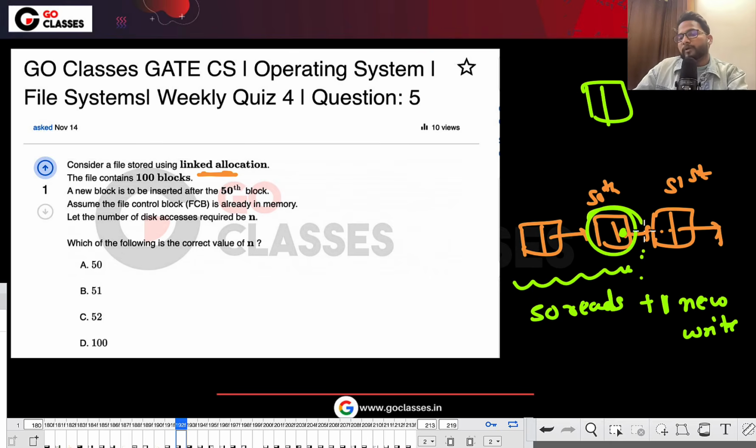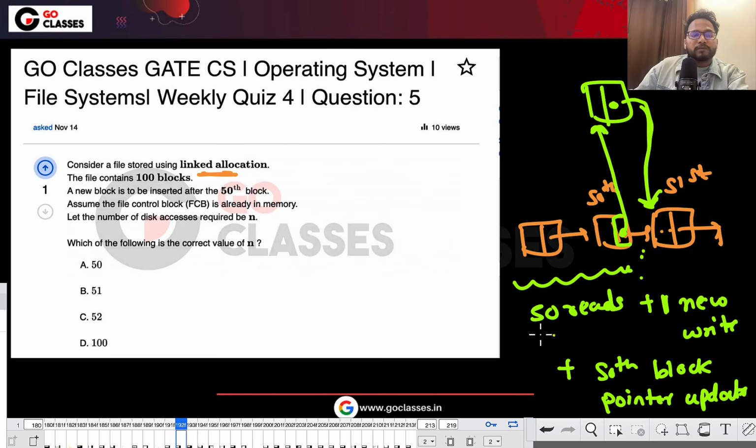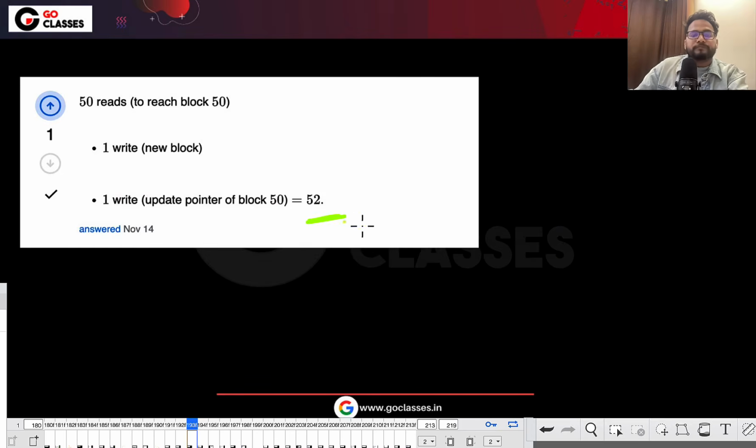You have to modify this pointer so that it points here. Plus the 50th block pointer manipulation, which means one more write, a pointer update. So 50 plus 1 plus 1, which means C is the answer, 52.